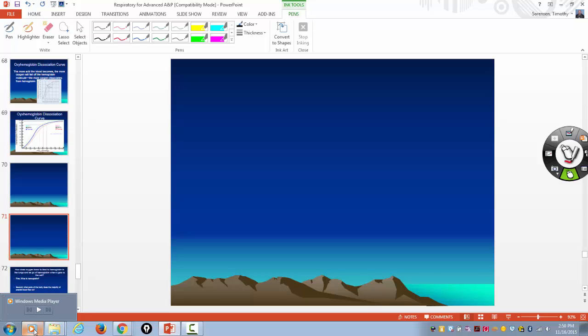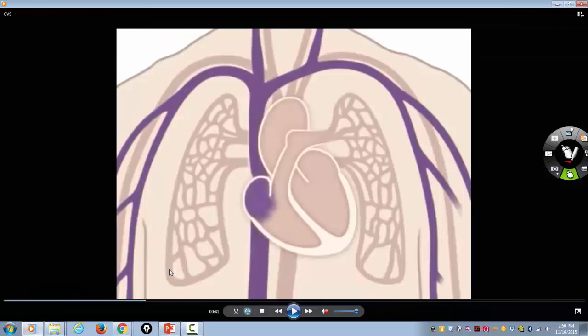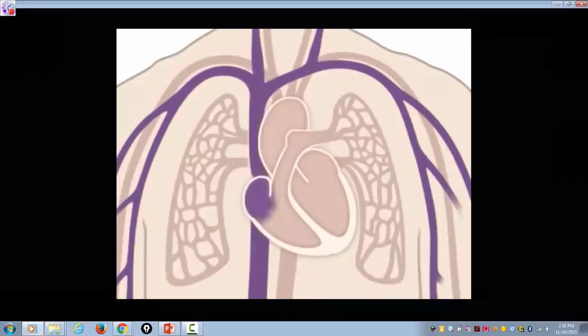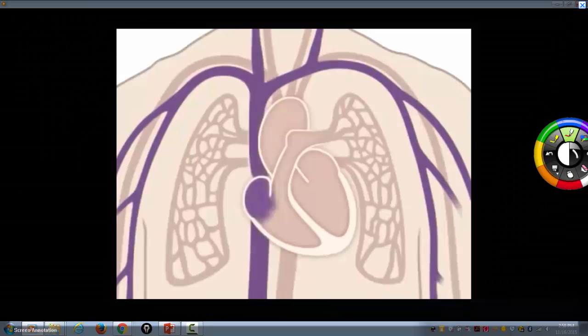And for the 1 millionth time, and I told myself 1 million times not to exaggerate, all the veins of the body that carry that venous blood are going to come back to the right side of the heart. Now remember, all the venous blood. So the blood from the relatively cooler parts of the body, the non-metabolically active parts, that's still got to go back to the heart. So you're going to have cool blood. It's cool.